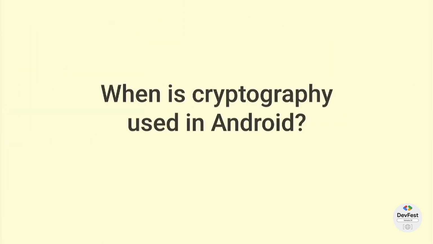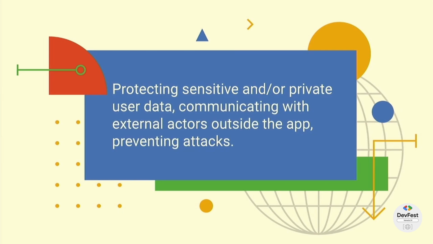When we talk about cryptography on Android, there are a couple of use cases. The most used one is about protecting sensitive data of the user that we want to keep private, and we want to store it on the user's device.